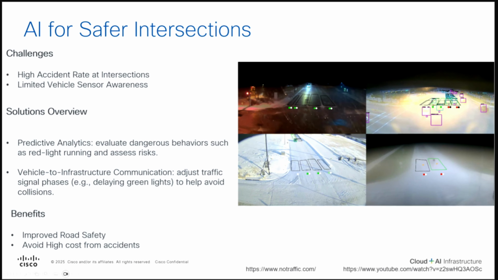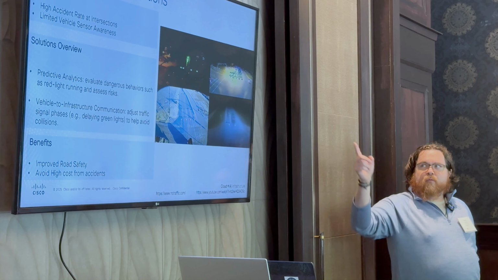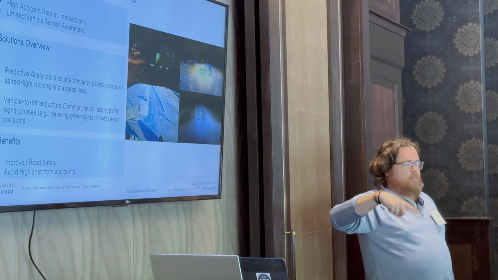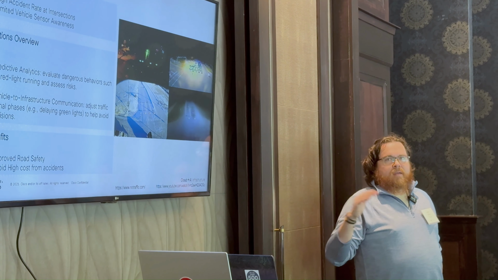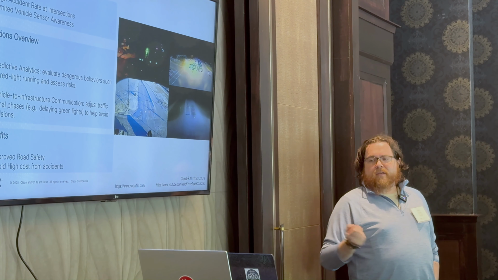Here's another way that AI is used for good. There's a company called No Traffic. And sometimes they're brought in. We think our traffic isn't optimal. There are too many pedestrians getting hit by cars or whatever. So they'll put these cameras at intersections and they will analyze traffic patterns. They'll analyze pedestrians walking, things like this.